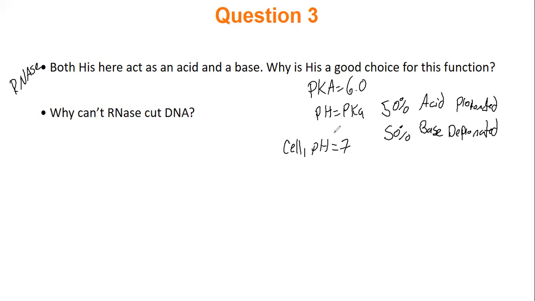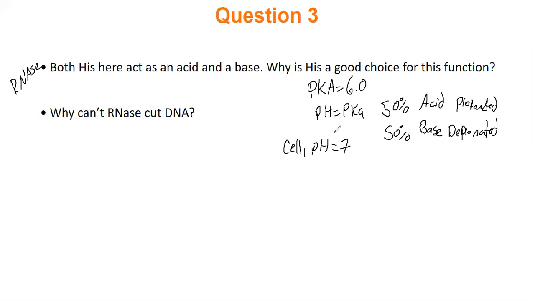So it's very easy for histidine to lose or gain a proton under physiological conditions, that is, in the cell. So when you look at acid and base mechanisms, and we're going to look at a couple of other mechanisms that do this, you're often going to find a histidine because it's easy to protonate and it's easy to deprotonate.